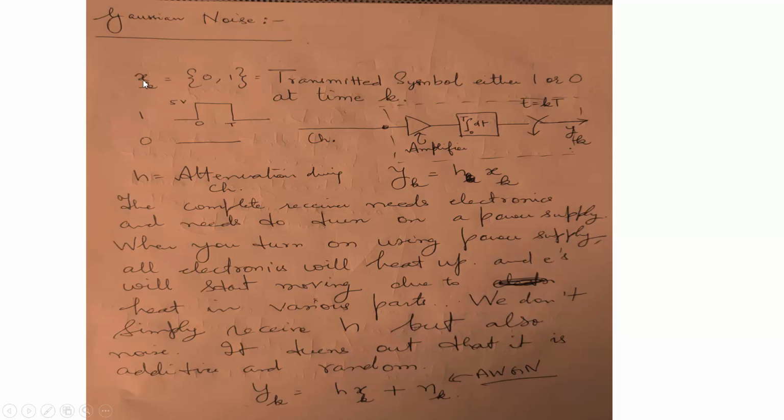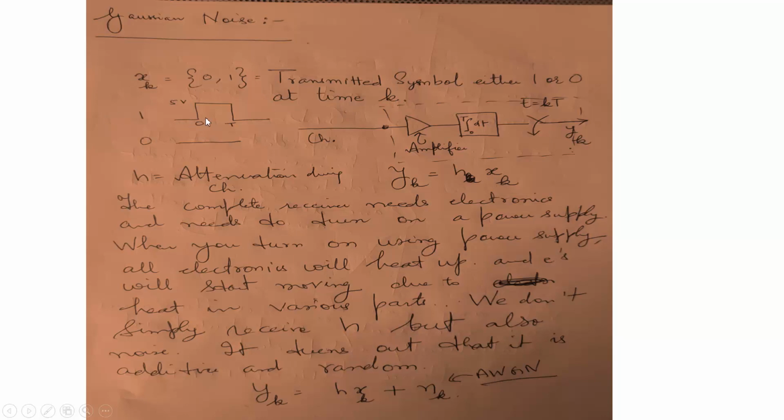What is x? X is a set here, {0, 1}. That means either 0 or 1 can be transmitted from the transmitter side. The subscript k is the time, so xk is the transmitted symbol, either 1 or 0 at time k.